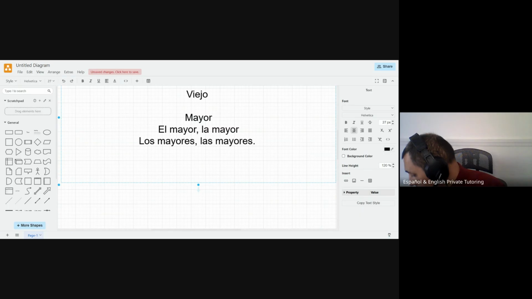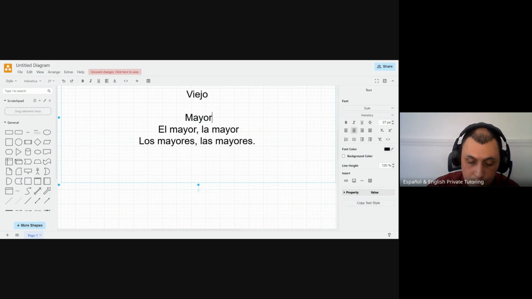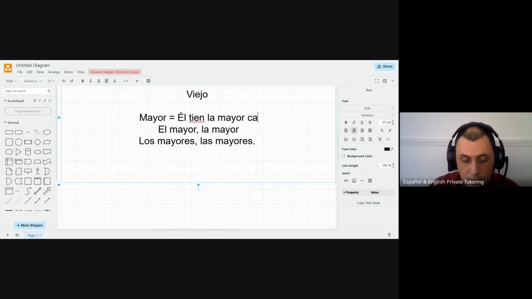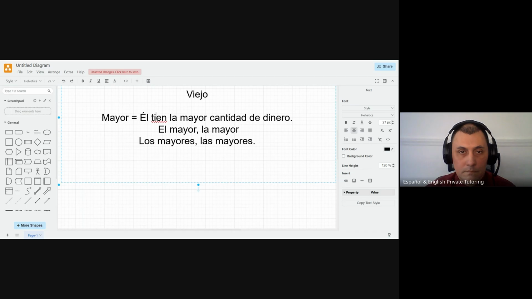Example: Él tiene la mayor cantidad de dinero. He has more money than anybody else.